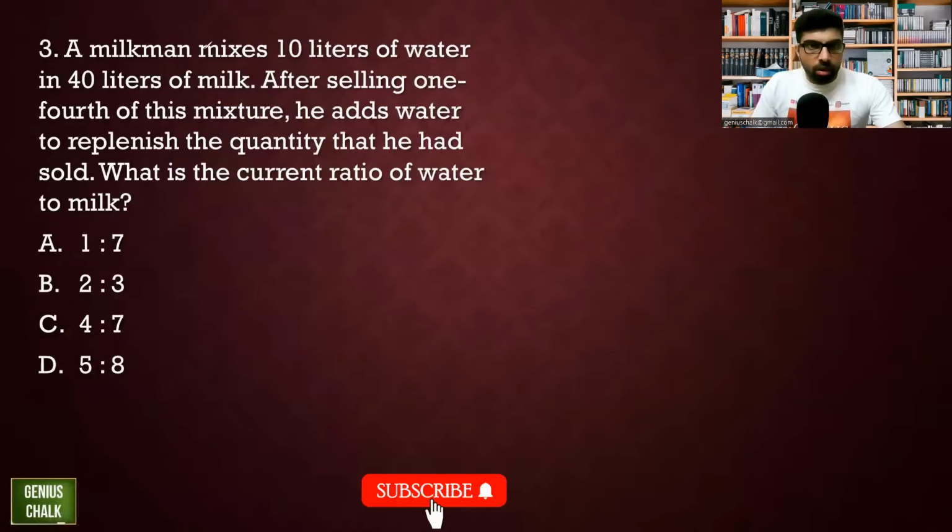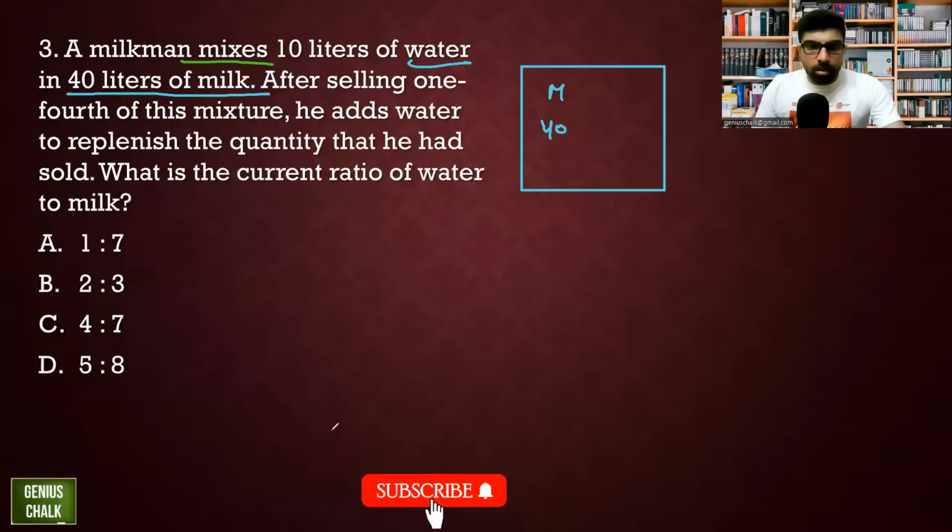Now read it. A milkman mixes 10 liters of water in 40 liters of milk. That means if this is the tumbler, in that there is already 40 liters of milk, the milkman is adding 10 liters of water in that. Fine.